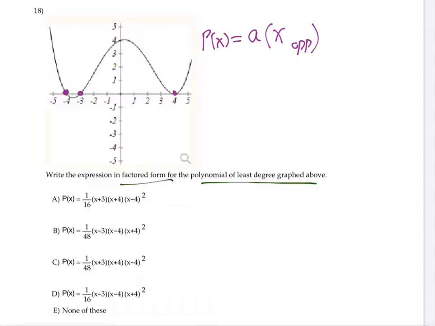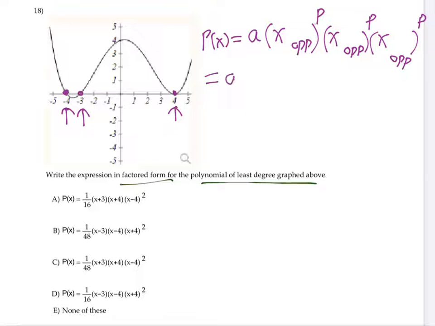I'll just call it p for power. Now we have 3 places where it hits the x-axis. So there's going to be 3 of these parentheses, x and opposite to different powers.